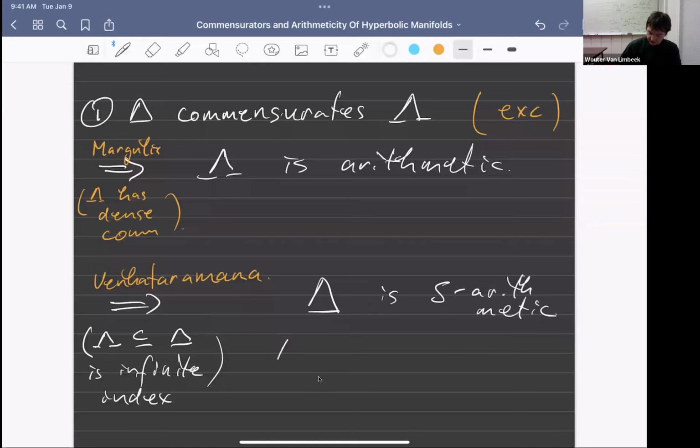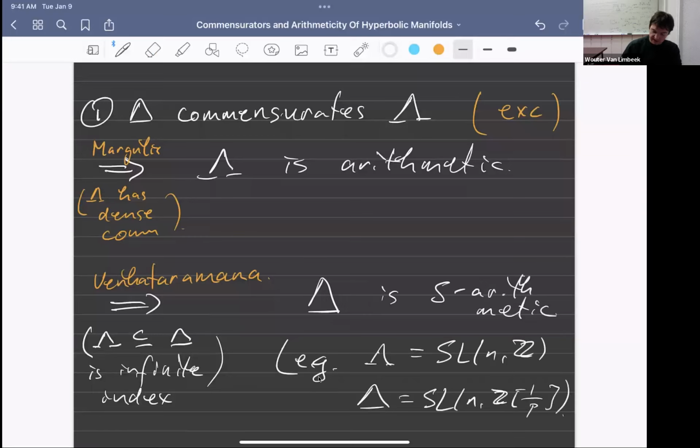What that means is, for example, if lambda is SLN Z, which was our arithmetic lattice, the prototype of an arithmetic lattice, then delta is SLN Z adjoint 1 over P. The only difference in general is that here I have only inverted 1 prime, and with S-arithmetic I am allowed to invert more than 1 prime.